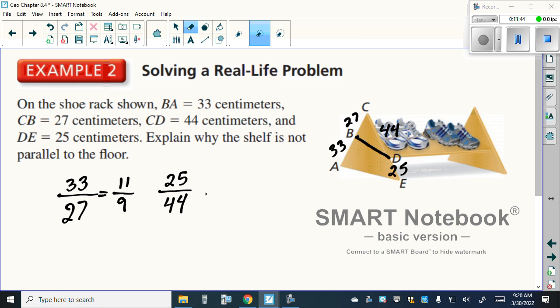So do these reduce to the same? No, they're not the same. They're not proportional, are they? So can we say that the shelf is parallel to the floor?